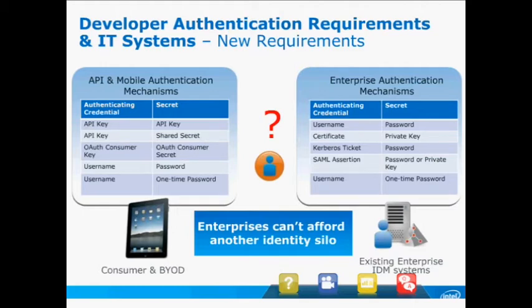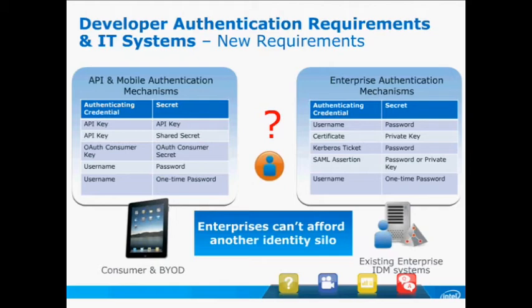So the way that those identity capabilities are managed, again, are two different systems, and enterprises really can't afford to deploy another identity silo, a third mechanism for managing identity and access control.